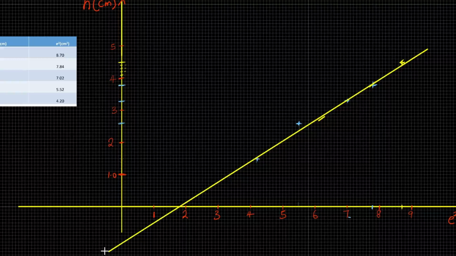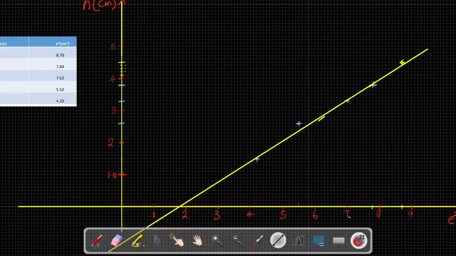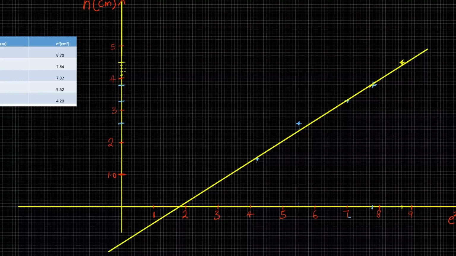All right, so this is my line of best fit. Why? When I look at this, since at least the 3 lines entered, 1, 2, 3 entered.